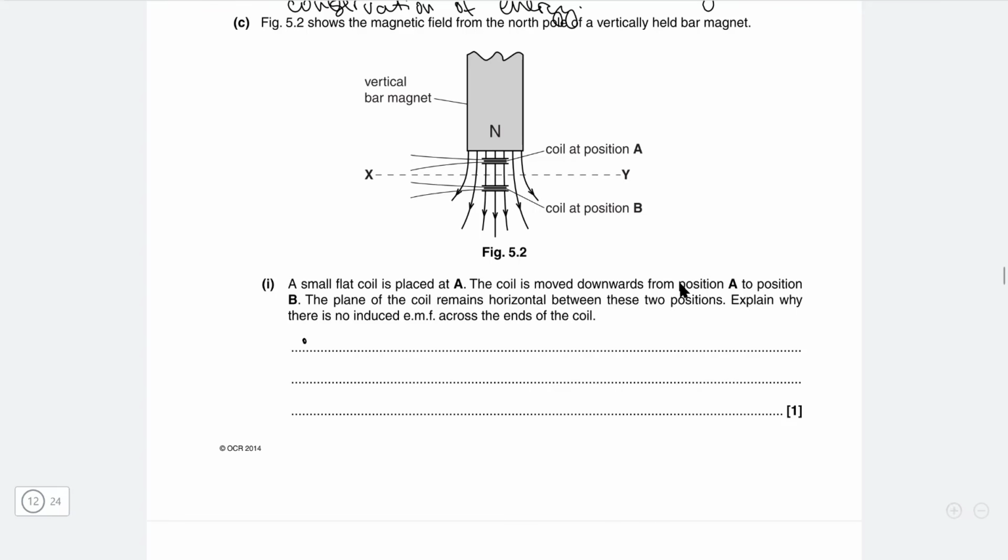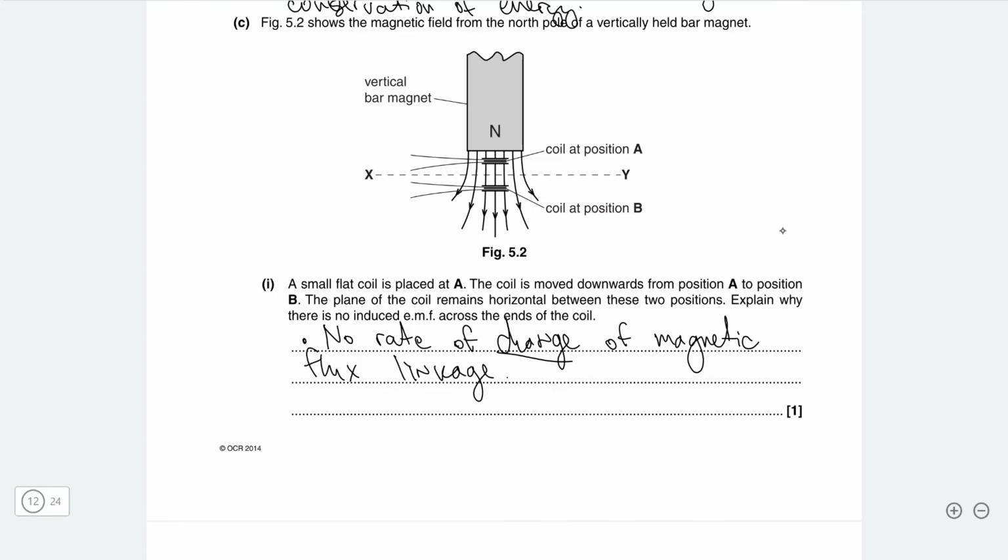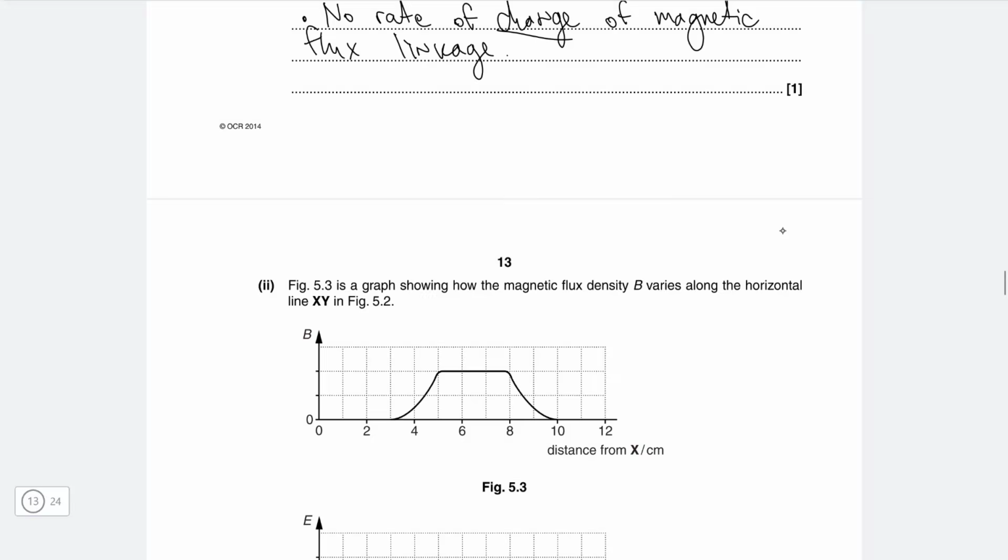So we can say that there is no rate of change of magnetic flux linkage, because the only thing that actually causes an EMF is a change in the magnetic flux, and if this isn't happening, well, we have no EMF.